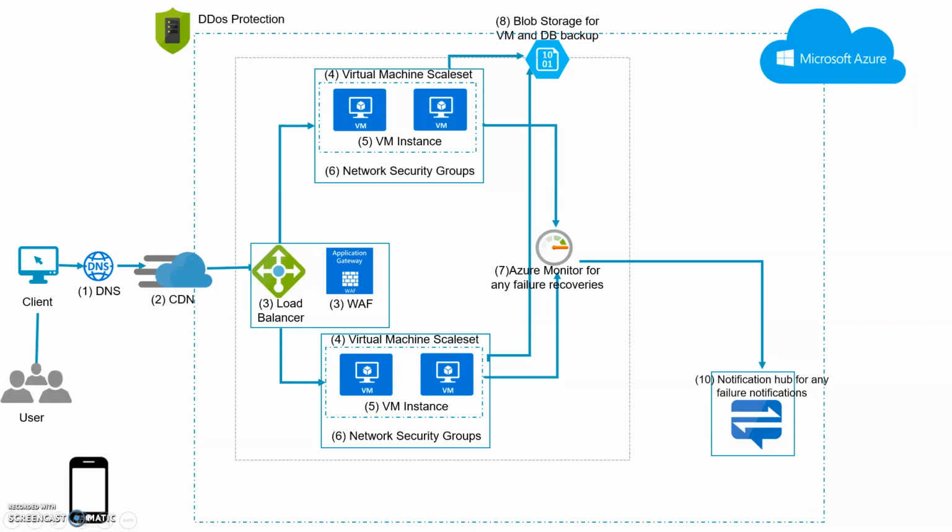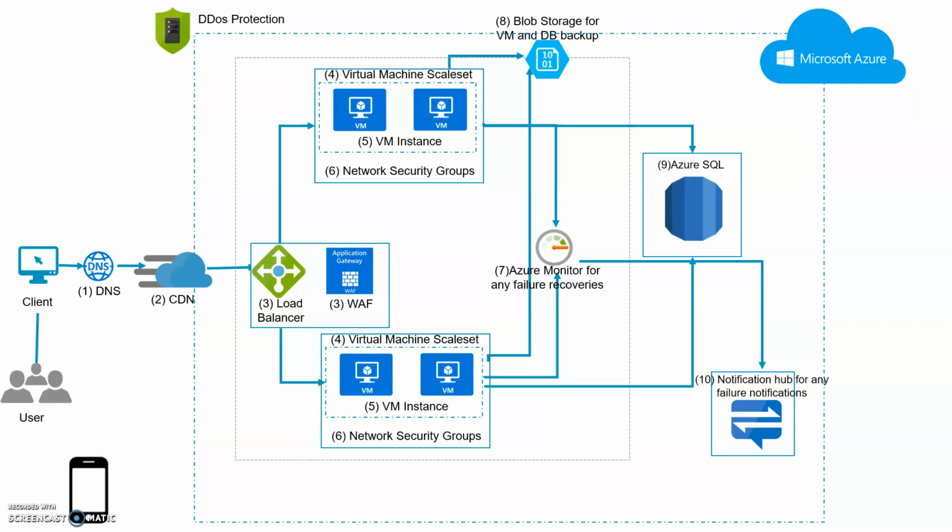All good so far. What is the next one? Every application has an important part as a backend, that is a database. Based on the technology you have chosen, whether it could be Azure SQL, SQL Server, Cosmos DB, or MongoDB, you can configure the backend on the cloud.